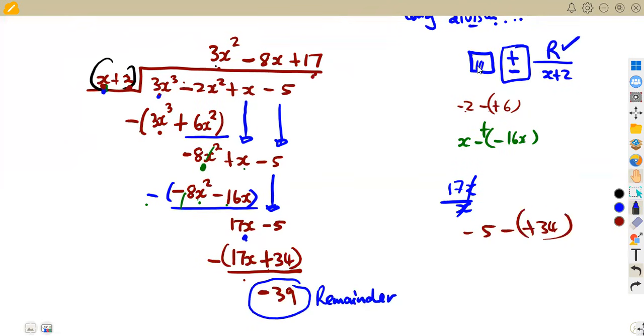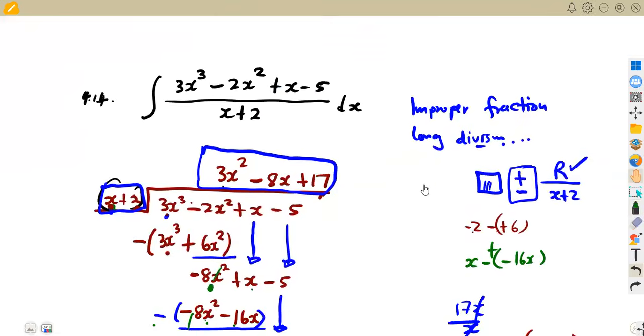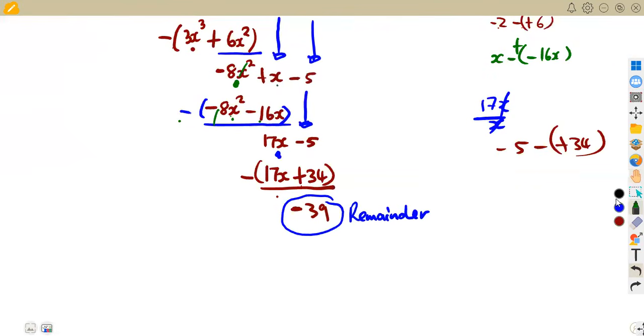So that is the first term that we are using, that we obtained after dividing. This is the exact term that we obtained. Then our remainder over what was dividing, which is x plus 2. So meaning to say, the whole expression that we had before can be written as the integral of, take note what you're going to have, the exact term.